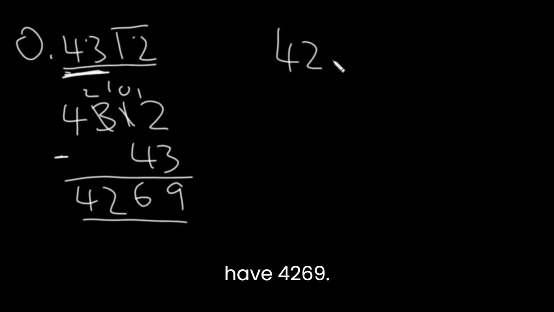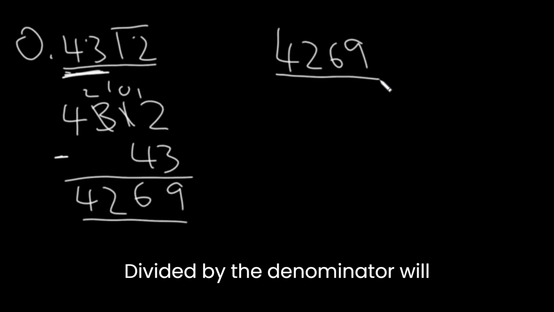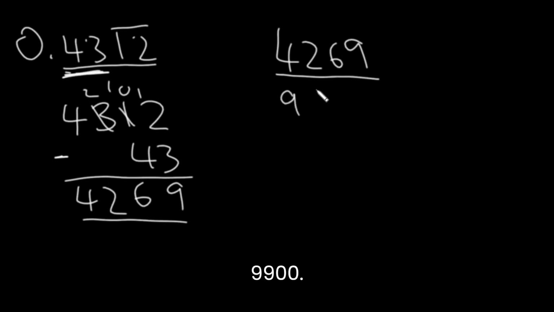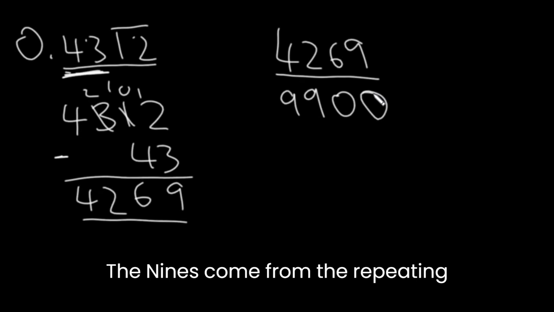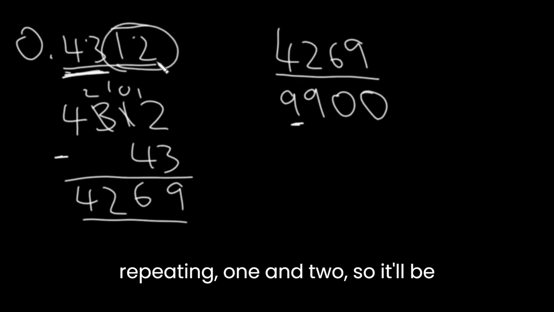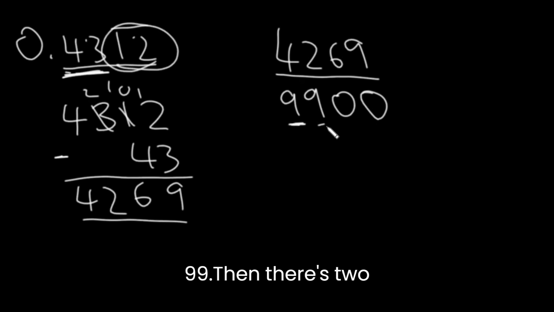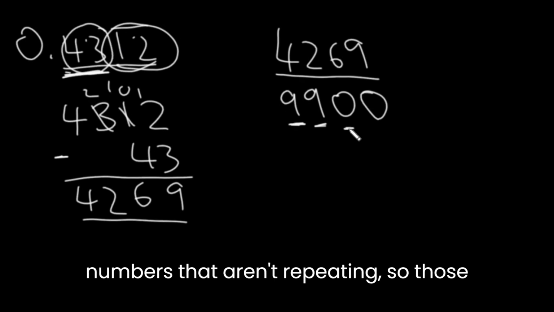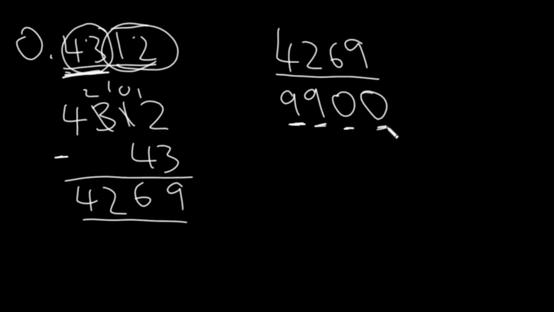So we have 4269 divided by, the denominator will be 9900. The 9's come from the repeating number, and there's two numbers that are repeating, 1 and 2. So it'll be 9, 9. Then there's two numbers that aren't repeating, so those will give the 0, 0.